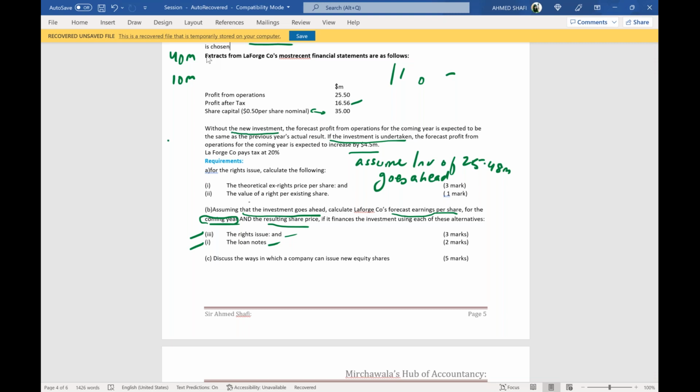If the investment is undertaken, the forecast profit from operations for the coming year is expected to increase by 4.5. This profit from operations will increase by 4.5. Now they don't get into depth. They just take the raw data and do things on their own. Okay, so please pay attention.